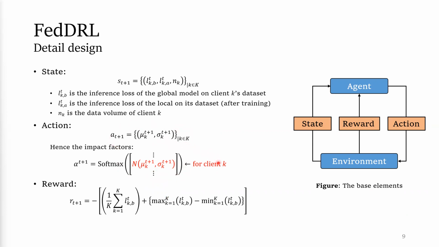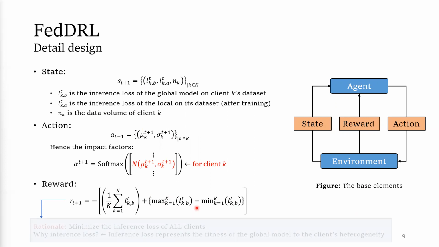And finally, and most importantly, the reward. The design of the reward is crucial since the reward is the guidance signal toward optimality. We design the reward as the average of total loss and its biggest loss gaps.